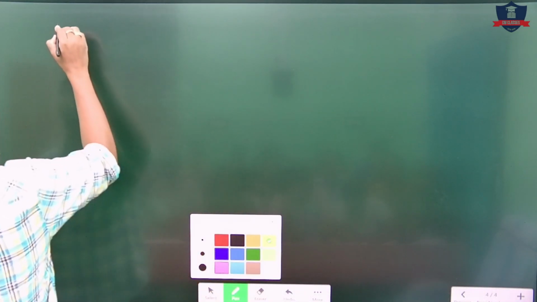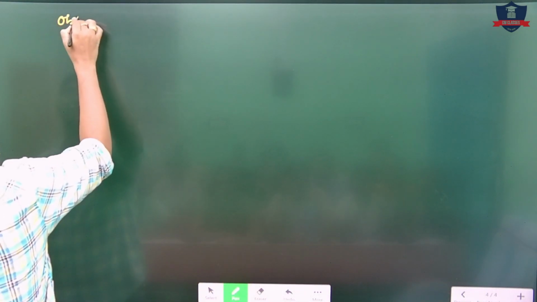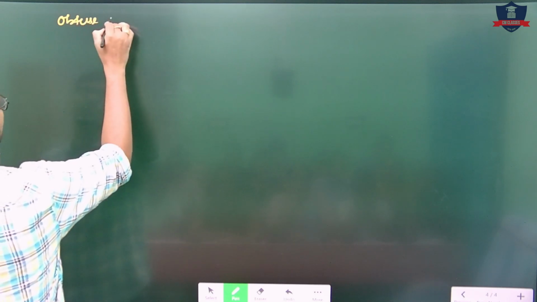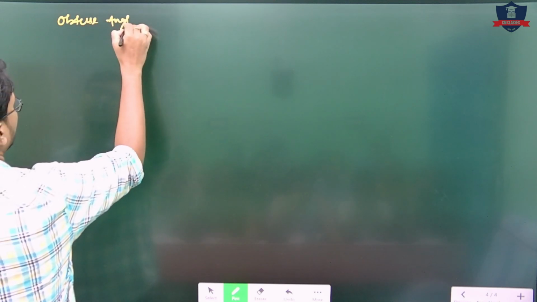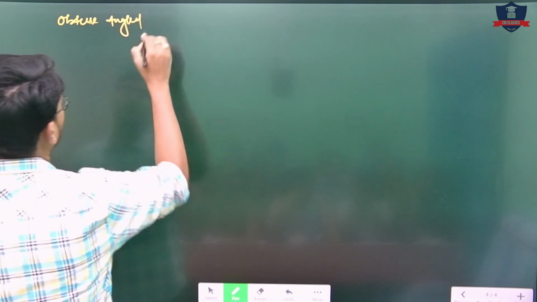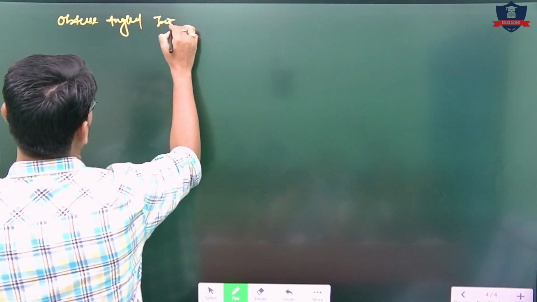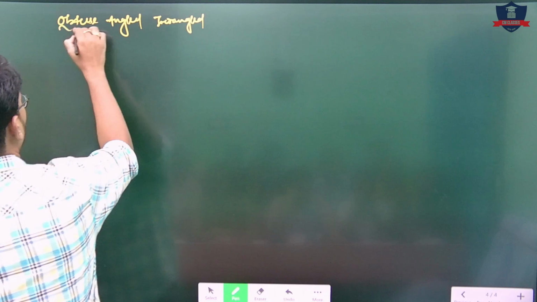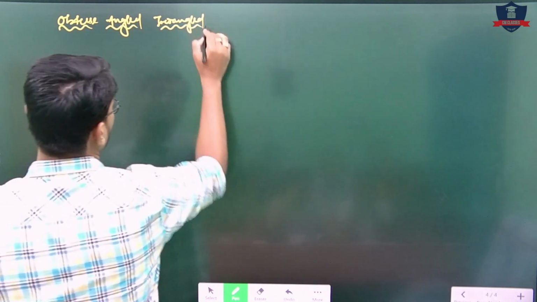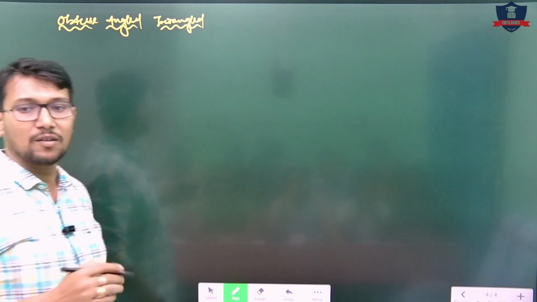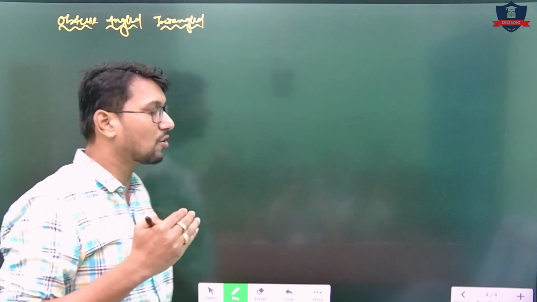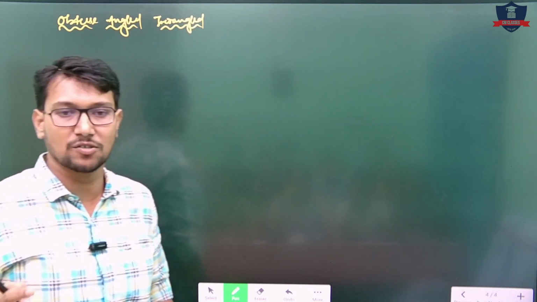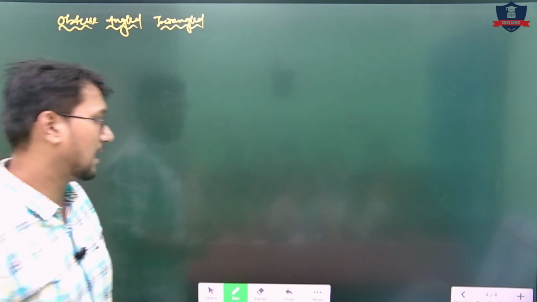So right now we are going to discuss the obtuse-angled triangle. We are going to show that half into base into height is also applicable for the obtuse angle triangle.